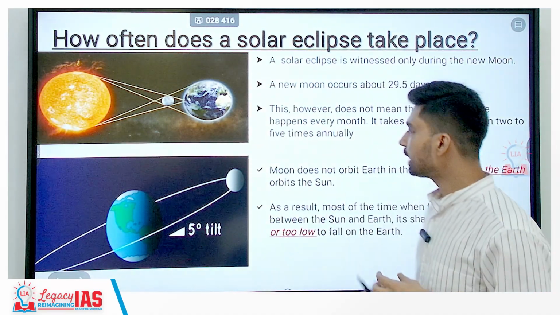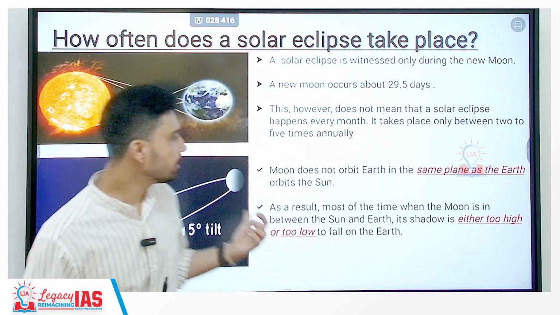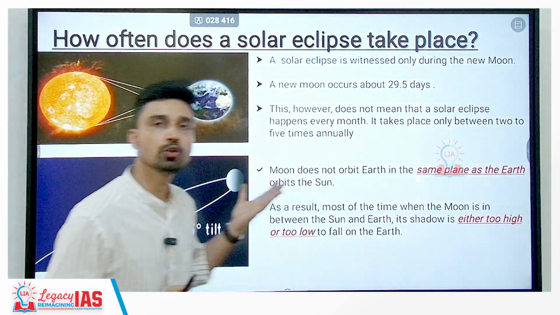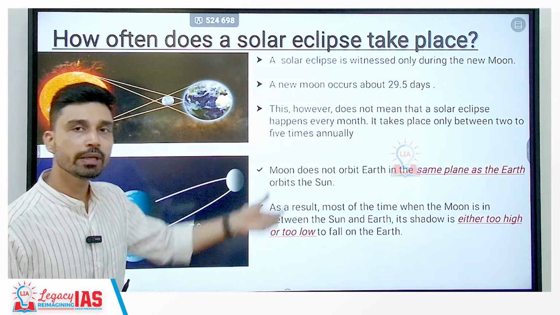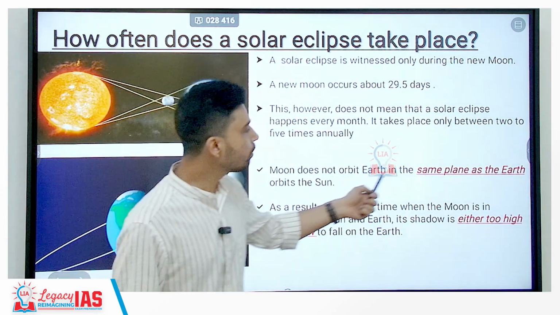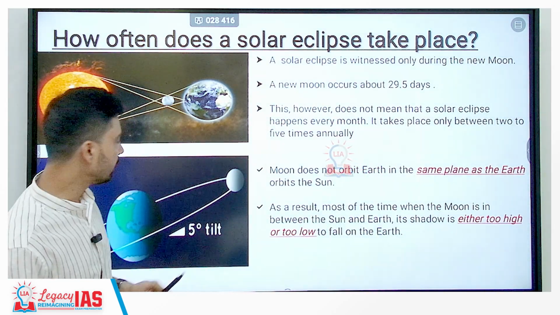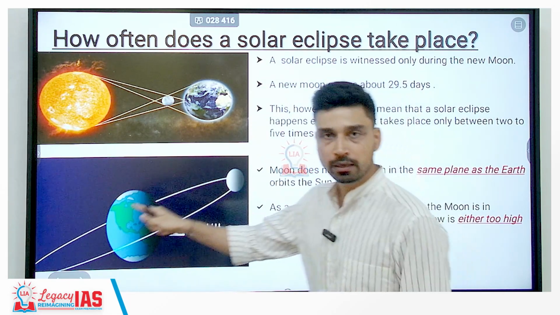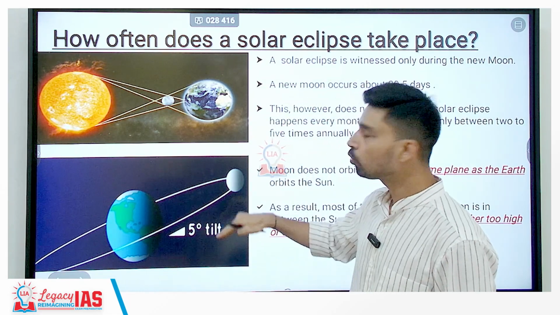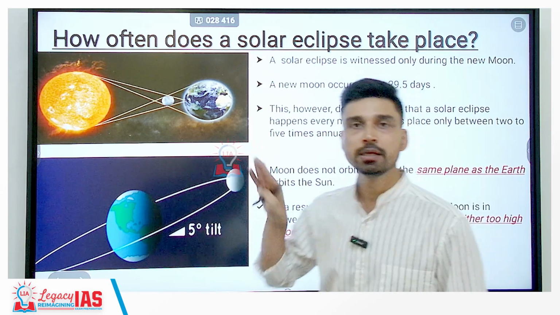The reason why we do not have an eclipse during every new moon is simply that the moon's orbit is not the same as the earth's orbit around the sun. In other words, the moon does not orbit the earth in the same plane as the earth orbits the sun. If you look at this image, the moon's orbit around the earth is tilted at around a 5-degree angle from the earth's orbit around the sun.